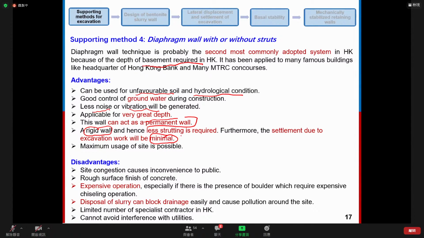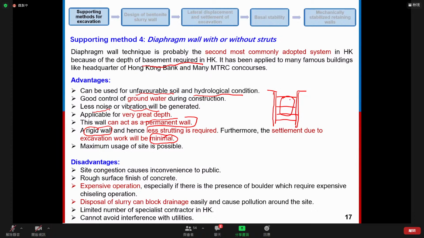And as we just discussed, the diaphragm wall is a kind of rigid wall, so we don't need to use so many struts. For example, this is the excavation. If we have a sheet pile wall, we may need several layers of struts. But if we have the struts, this whole area is going to be blocked.